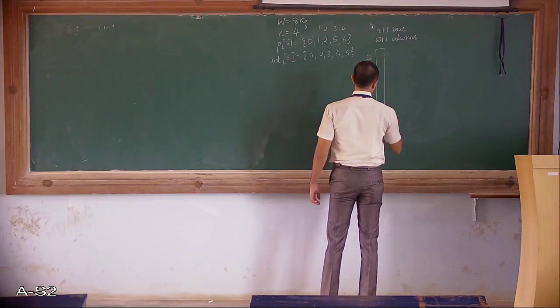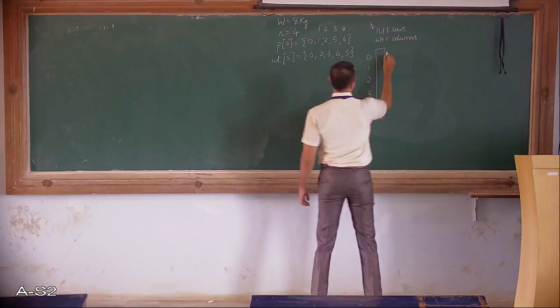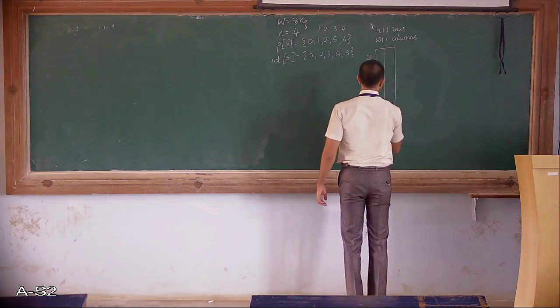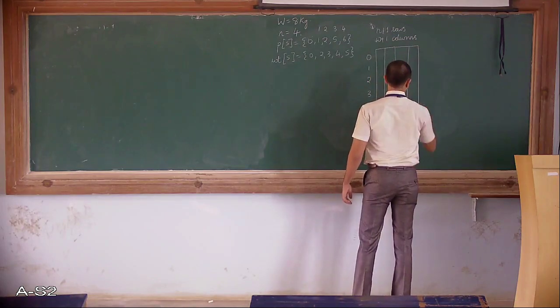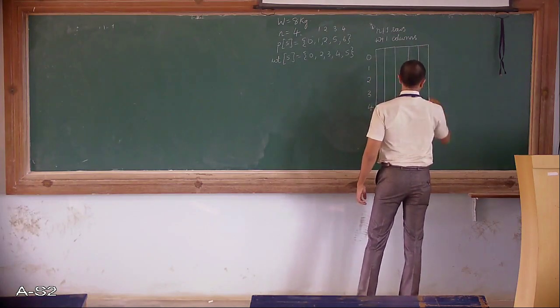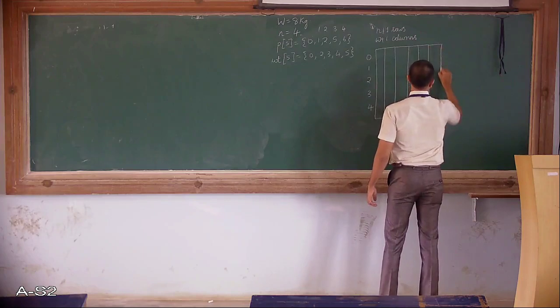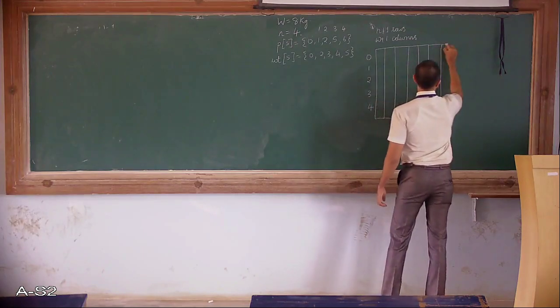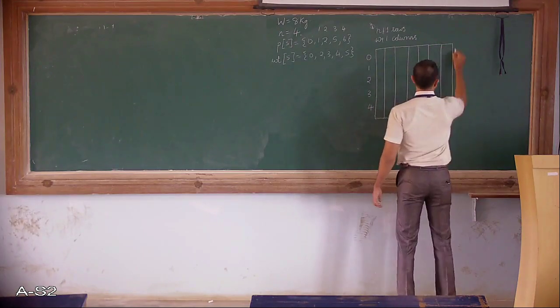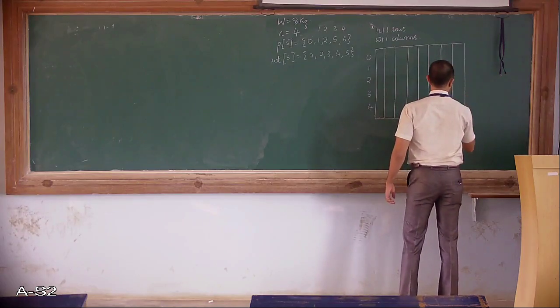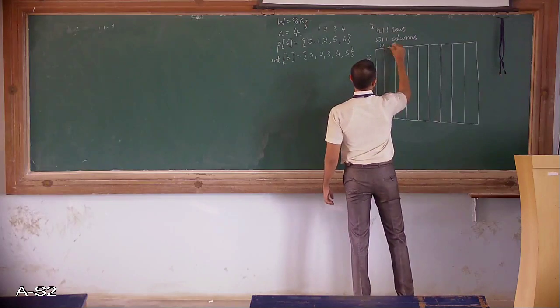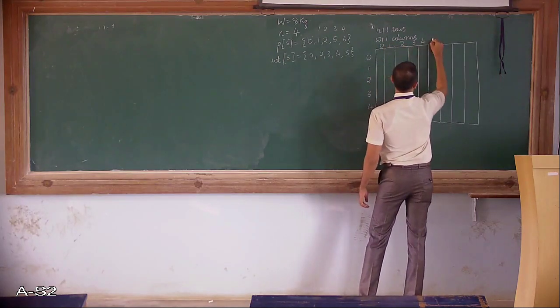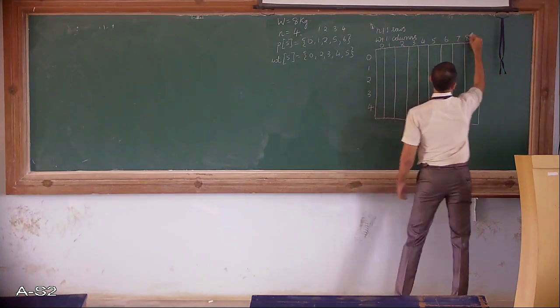W plus 1, the value of w is 8, so 8 plus 1, 9 columns: 0, 1, 2, 3, 4, 5, 6, 7, 8.